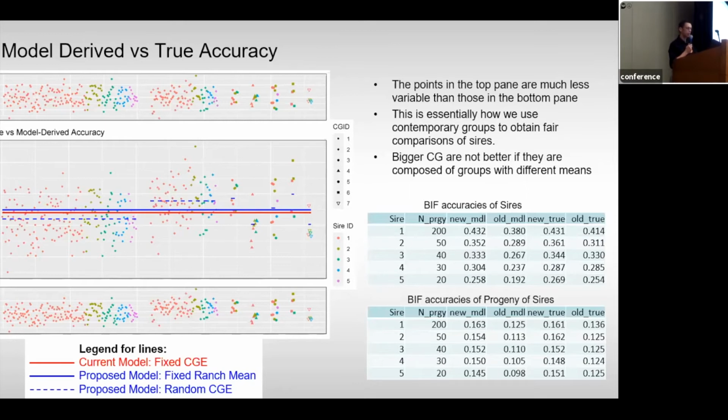And so we have model-derived and true accuracies here for both. And if we actually take into account this random contemporary group effect, we can actually increase true accuracy compared to the way perhaps we do it now, at least in these examples. And I also point out that these accuracy values are on the BI scale.